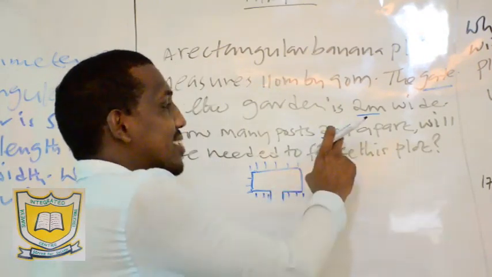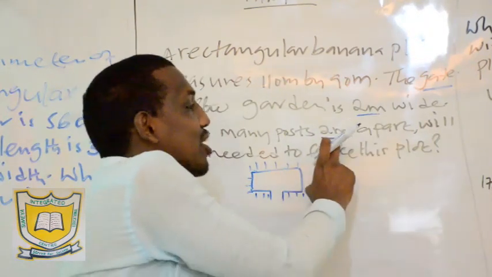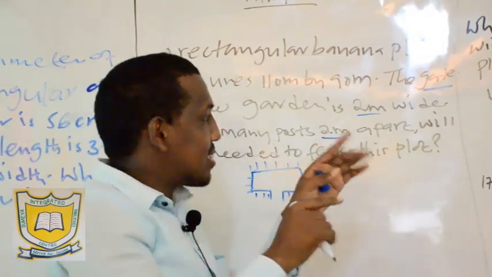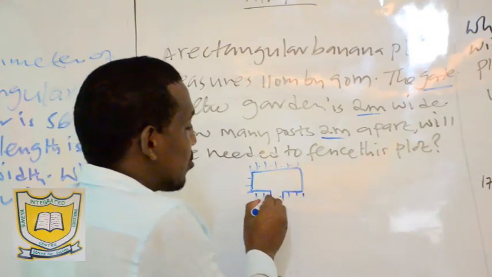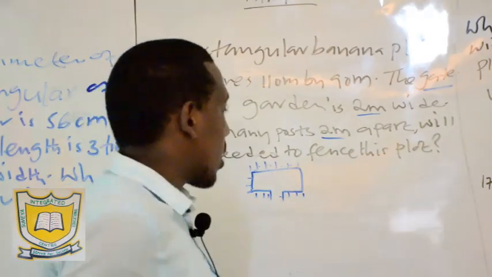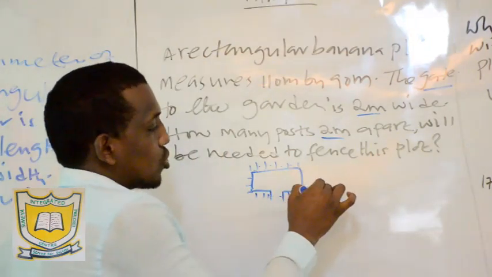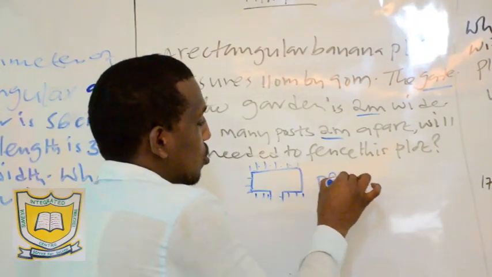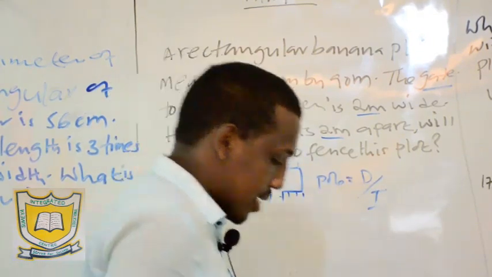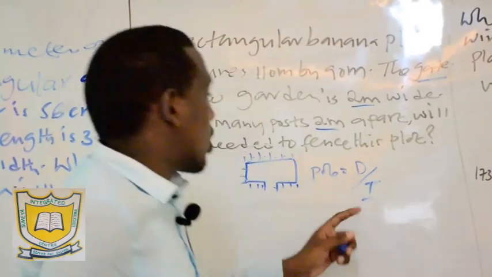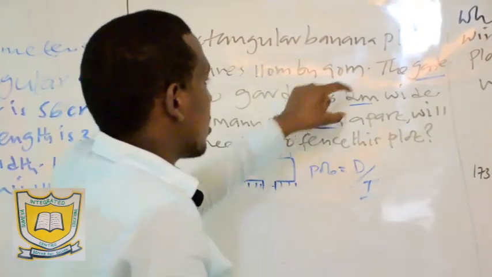But now the distance of the gate and the interval is the same, so we work out as closed. So the number of balls is equal to distance over interval. We don't add plus 1 because the gate distance is the same as the interval.